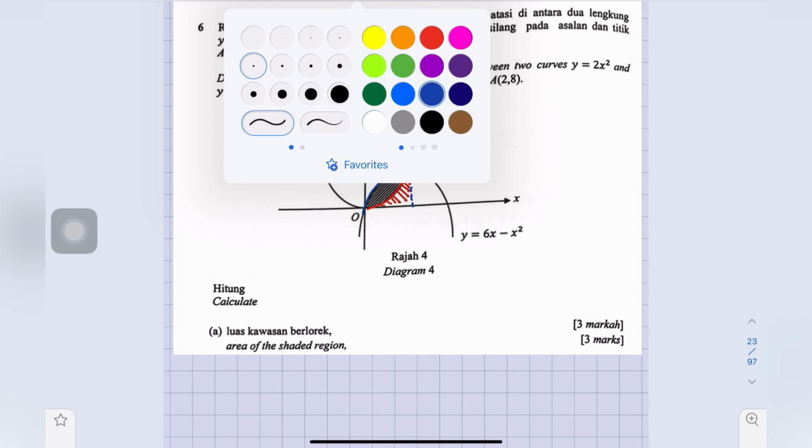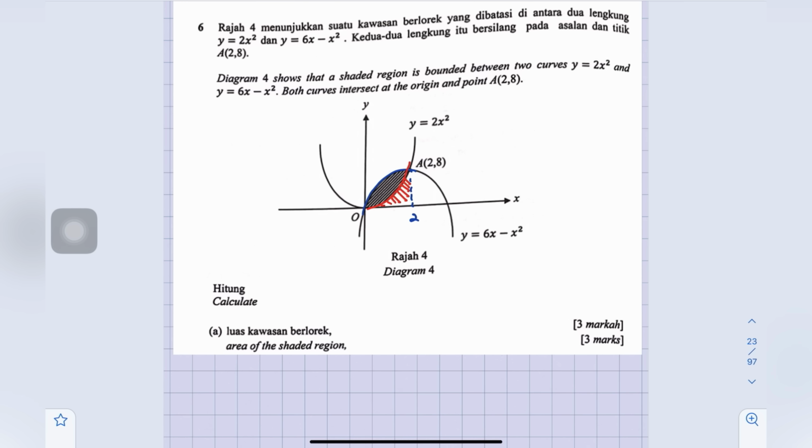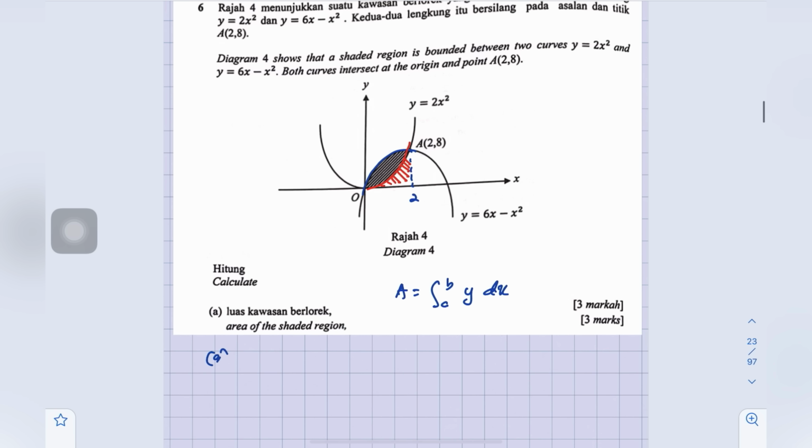The limits are 0 to 2. Since the limits are values of x, we are going to use the formula area equals integral of y dx. So the shaded area equals the area under the blue curve, lower limit 0, upper limit 2, for the blue curve 6x minus x squared dx, minus the red curve, 0 to 2 as well, 2x squared dx.